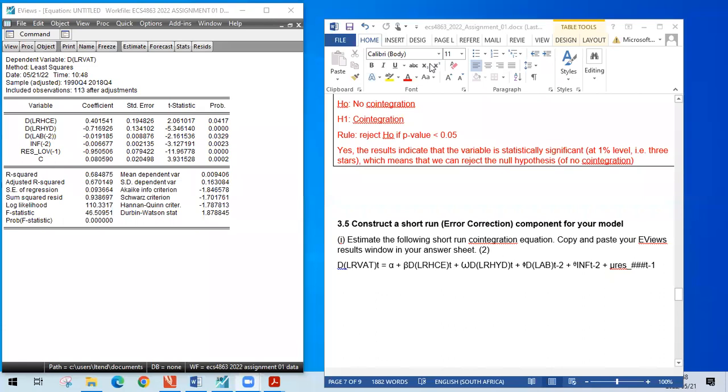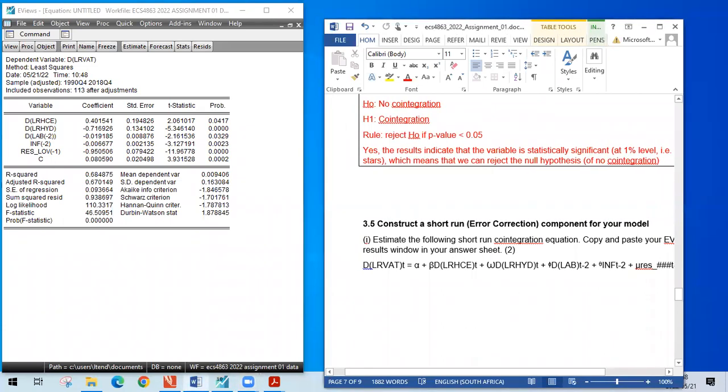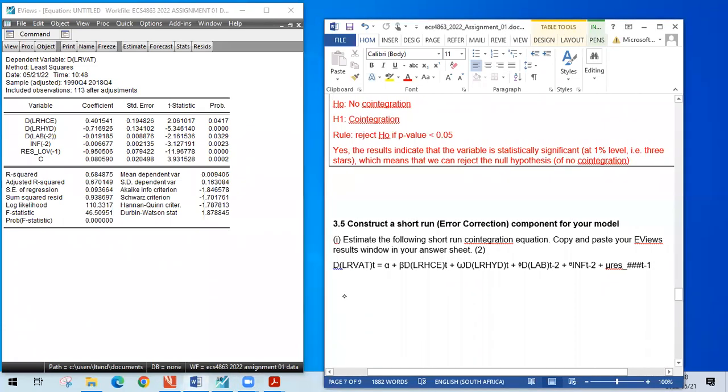I'm checking again. This is my dependent variable, and I can see it's here. This is my first independent variable. I can see it's here. My other one, not lagged, it's here.